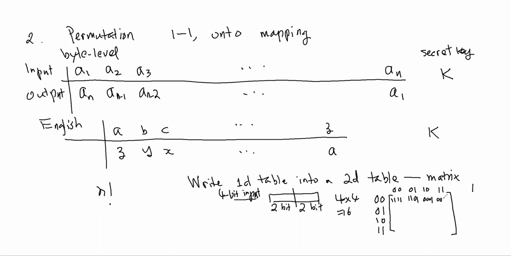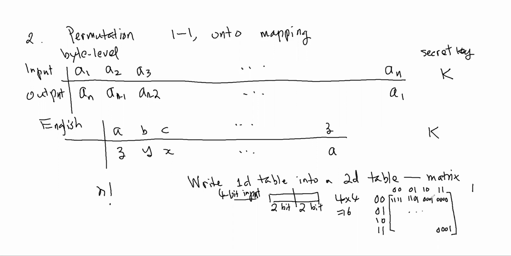Maybe I could have 0 0 0 1 here. As long as none of these cells in the matrix are the same, then it is a permutation. But you can think of there are so many ways to rearrange these values.